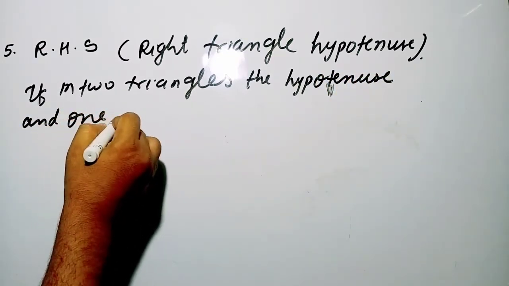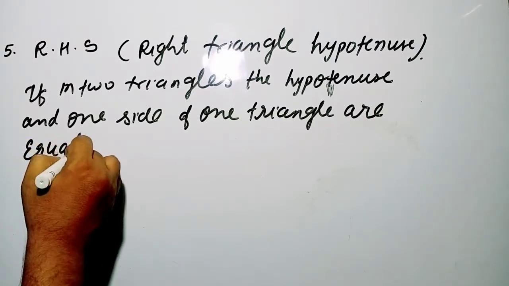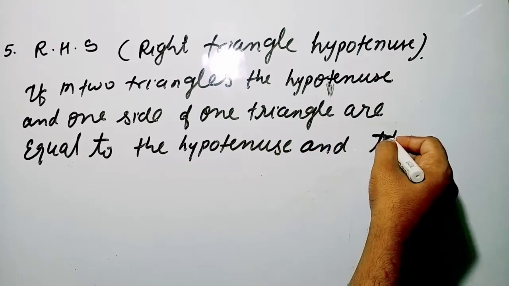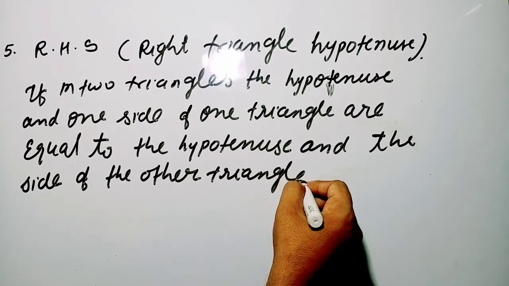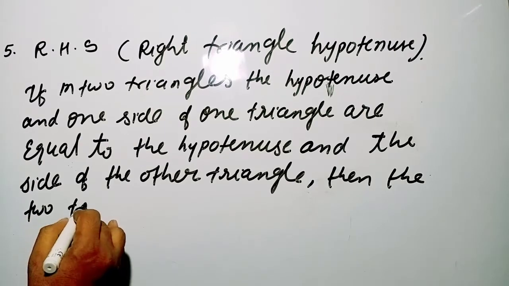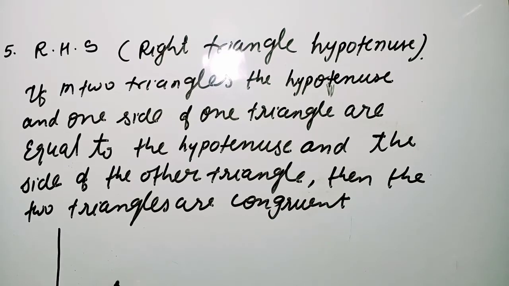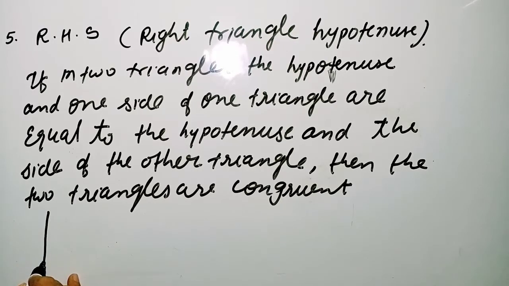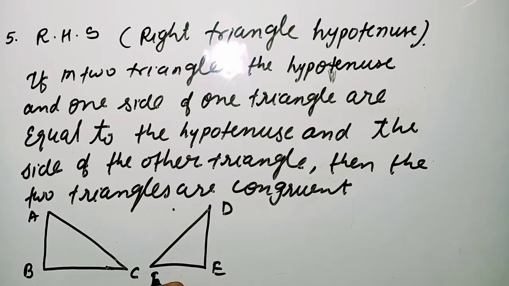If in two right triangles the hypotenuse and one side of one triangle are equal to the hypotenuse and the corresponding side of the other triangle, then the two triangles are said to be congruent. Considering two right angle triangles, triangle ABC, where B is the right angle, and another triangle DEF, where E is the right angle.